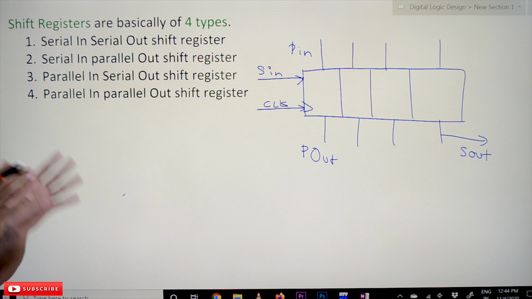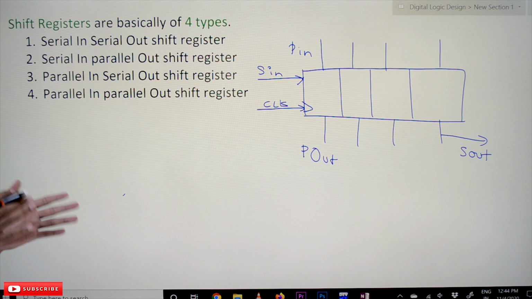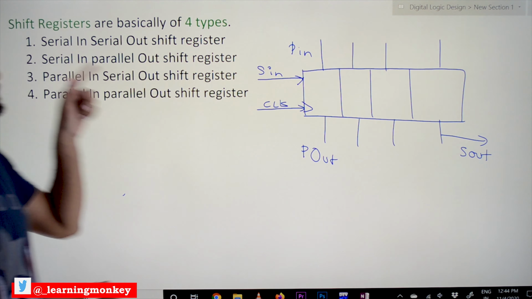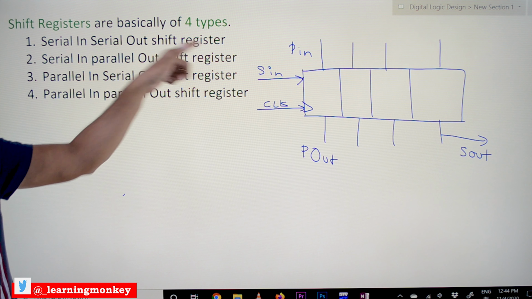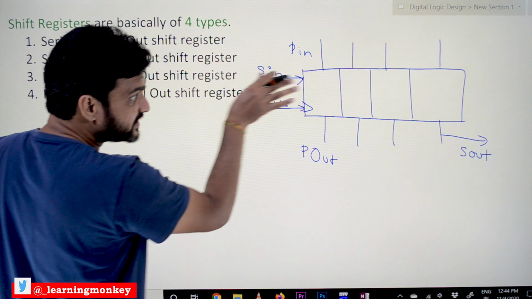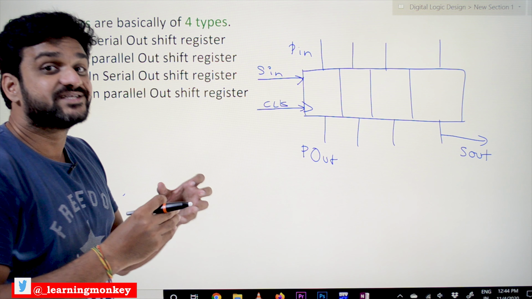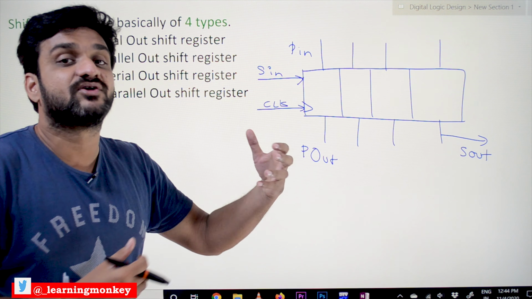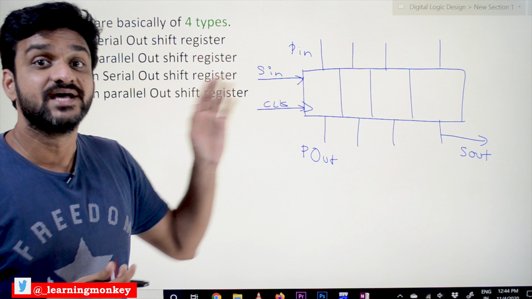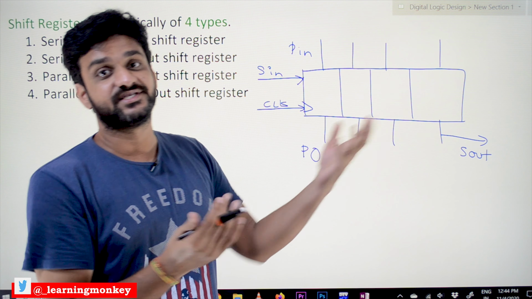If the shift register is serial in and serial out, meaning the input is provided in this way and the output is taken from here, that is what we call a serial in, serial out register.